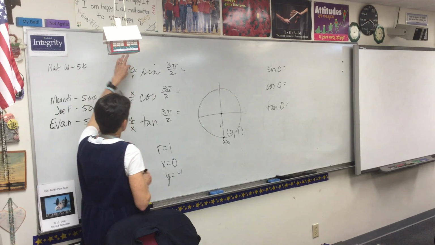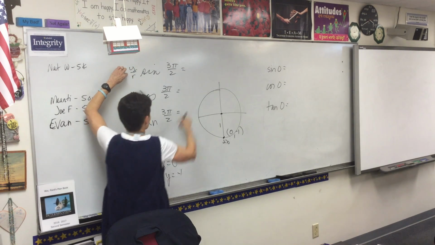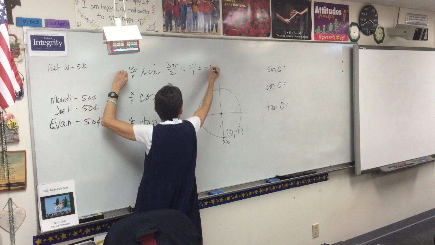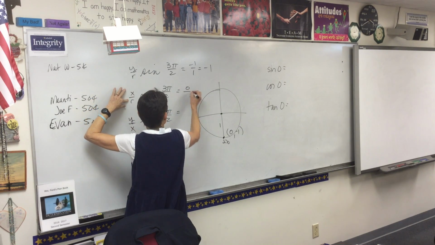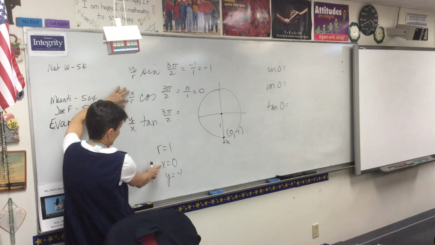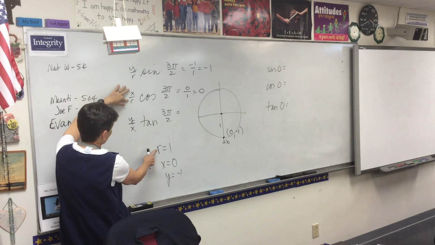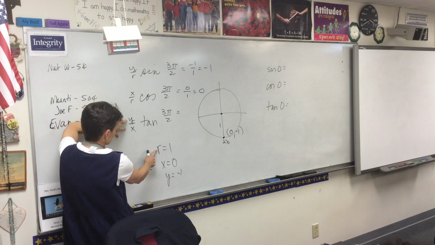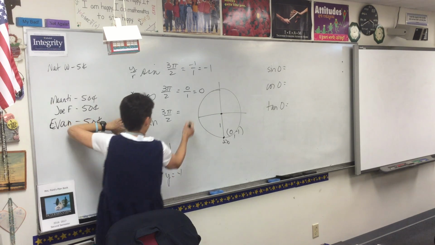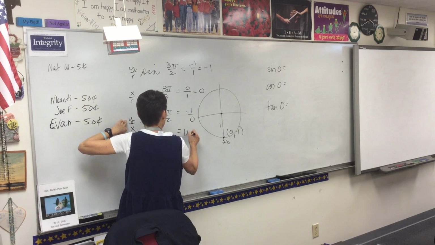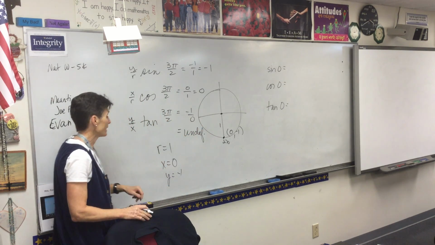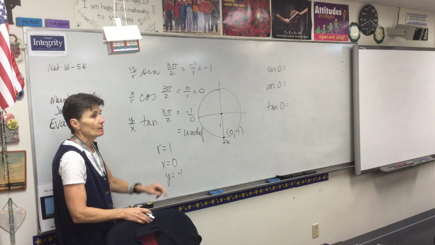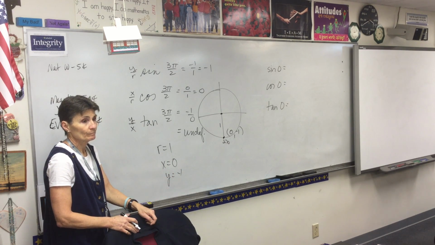Sine is negative 1. Cosine is not 1. Cosine is 0. X over r, 0 over 1. Tangent is y over x, which is undefined. You can't have a 0 in the bottom, which is what you have.